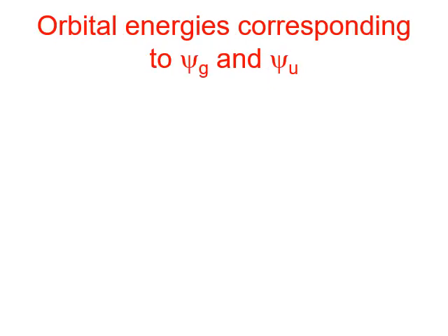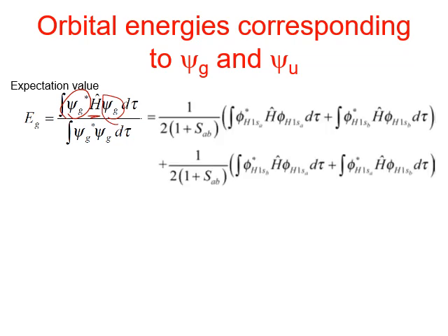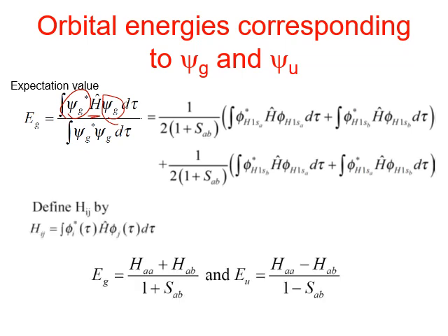In order to calculate the energies of molecular orbitals, we use the equation for expectation value. In this equation, here is the molecular orbital wave function conjugate, the Hamiltonian operator, and the molecular orbital wave function. So we plug in the molecular orbital wave function, which is a linear combination of atomic orbitals, and expand it, and we get these two energies that involve several integrals.